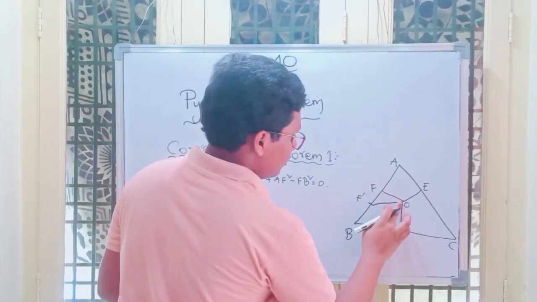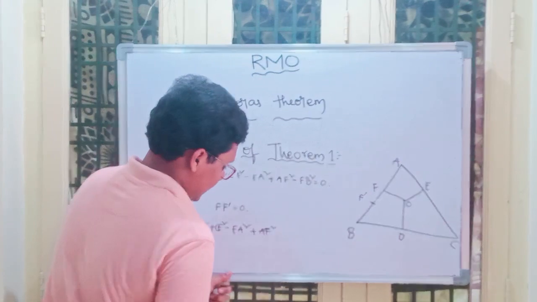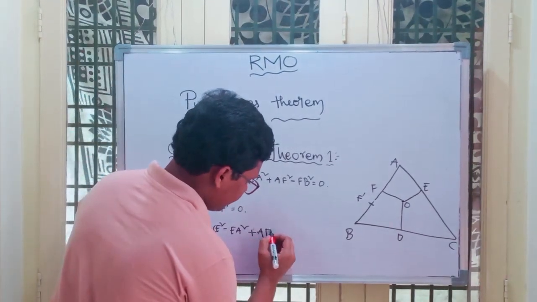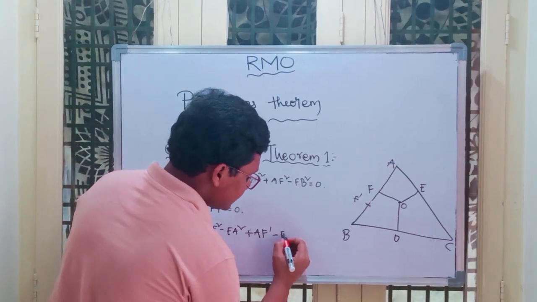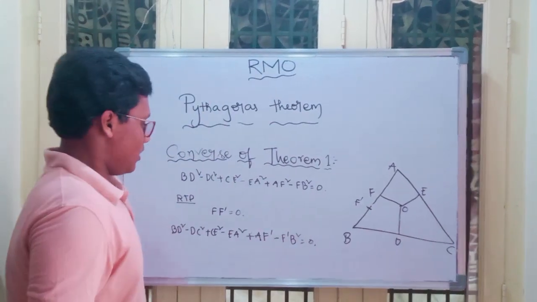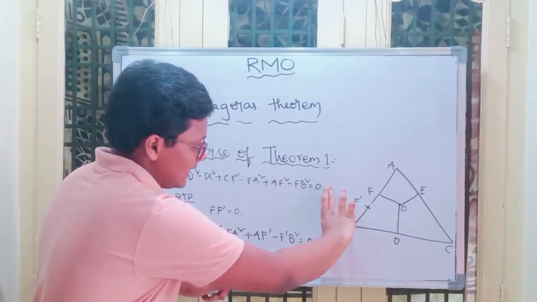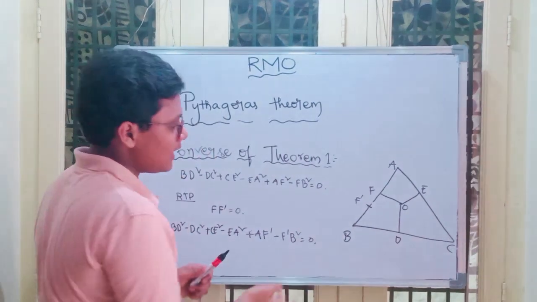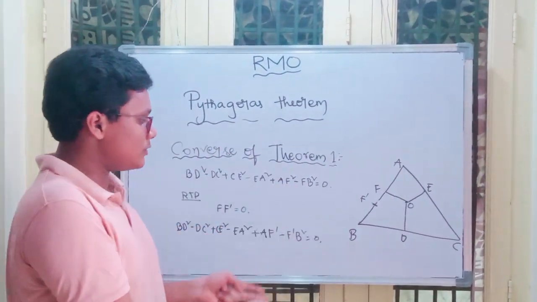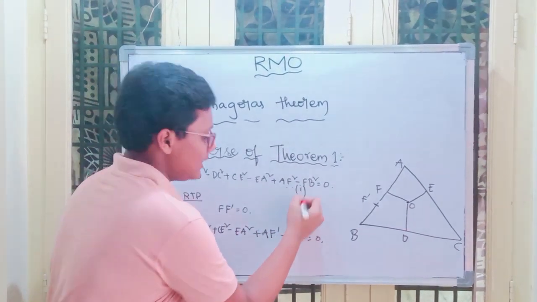Sorry, no need to draw this line. Here AF dash square minus F dash B square. By equating these two, because RHS is equal to RHS, both values are 0, so these two also will be equal. Equals to 0 means we can equate those both.